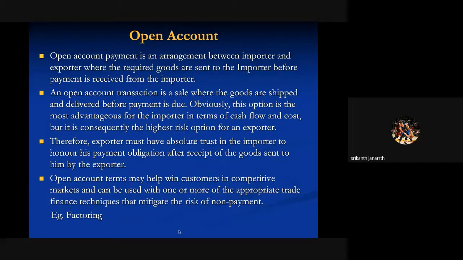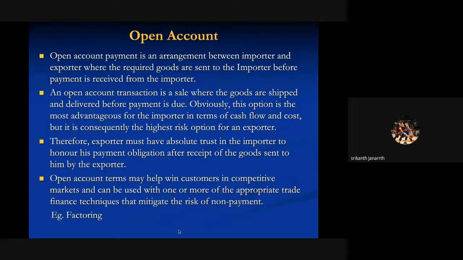If you look at the Sri Lankan perspective, some of our exporters are doing open account. We send the goods to the buyer, and they will sell it, and only later will they pay. Most of our exporters do it on open account, because the export commodities are not highly demanded goods. Maybe tea, coconut, rubber. Otherwise, they might not have the market to sell.